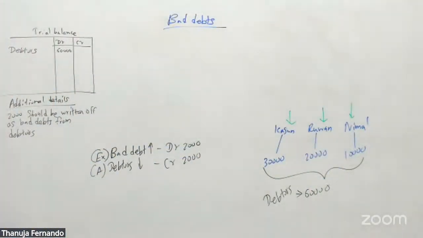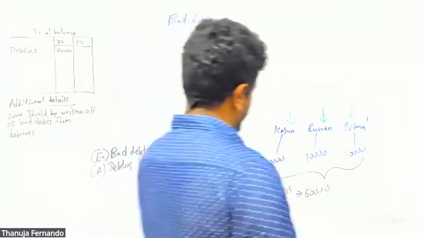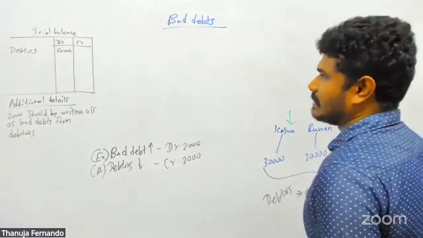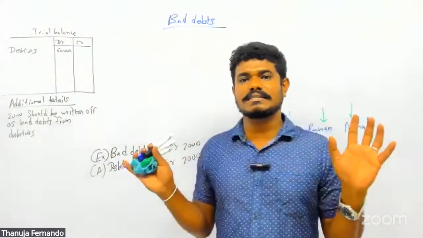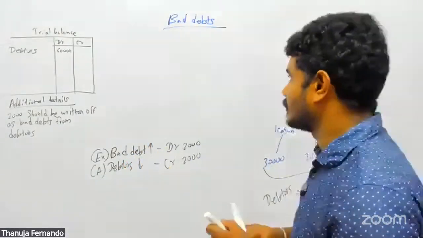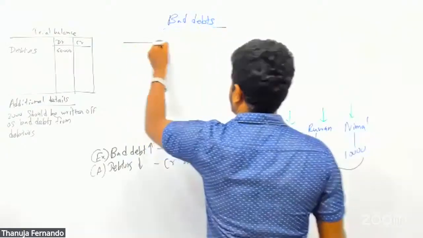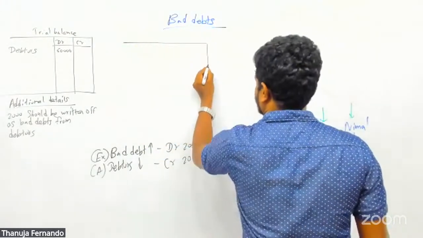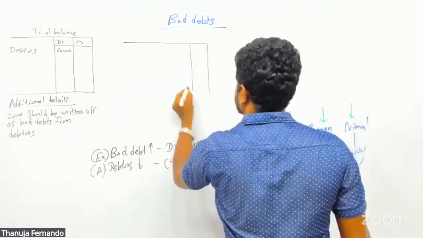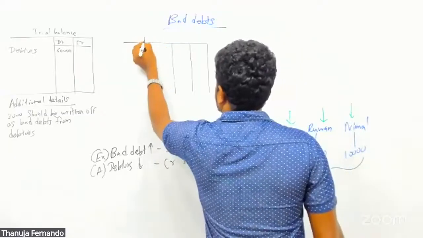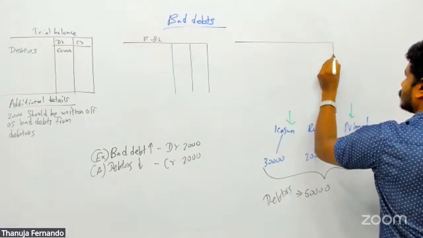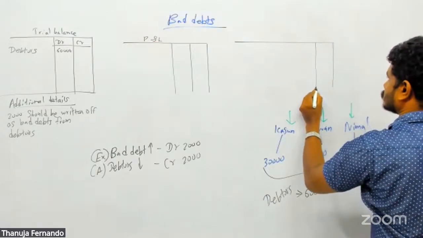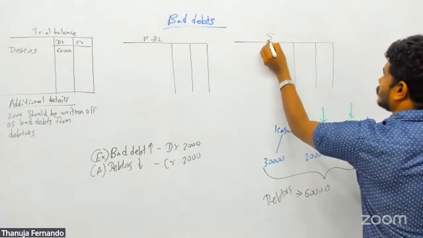Right, okay, then let's see how we record this in the profit or loss statement as well as the statement of financial position. This is the profit or loss, and this is the SFP, the statement of financial position.